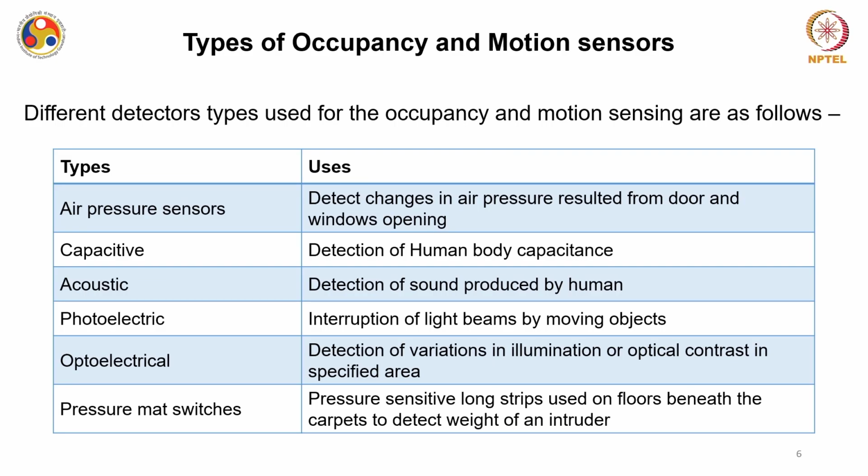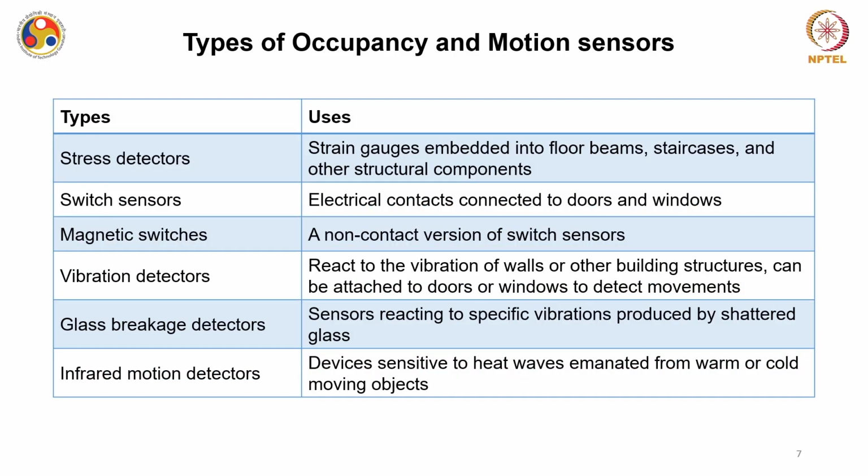Then there are pressure mat switches. These are pressure-sensitive long strips placed on the floor beneath the carpets to detect the weight of an intruder. So if I have pressure mat switches beneath the carpet in the room and the person is walking, I can detect the pressure because of his movement, and I can comment on his movement pattern as well as the occupancy and motion in that particular room.